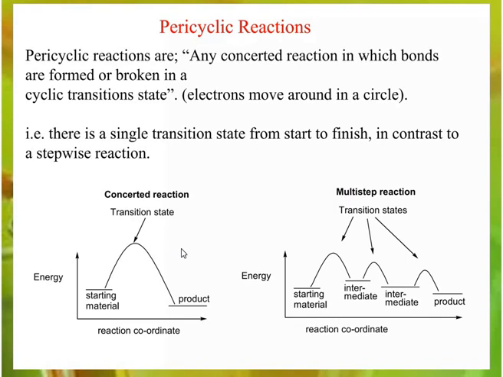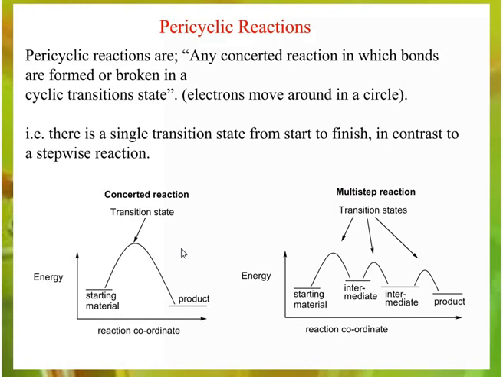Means electrons move around in a circle. I repeat, any concerted reaction. Concerted reaction means there is no formation of intermediate. So any concerted reaction in which bonds are formed or broken in a cyclic transition state.